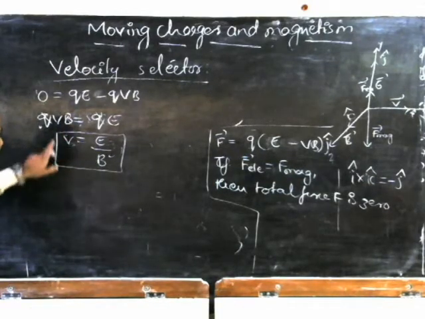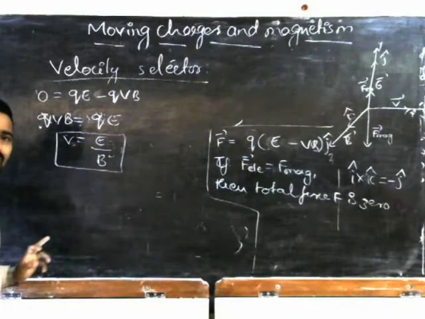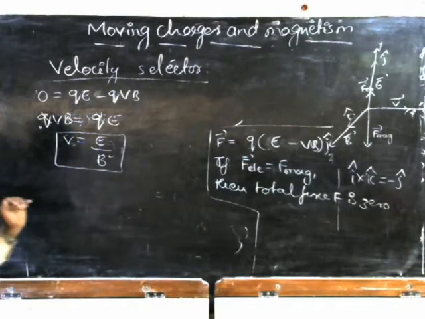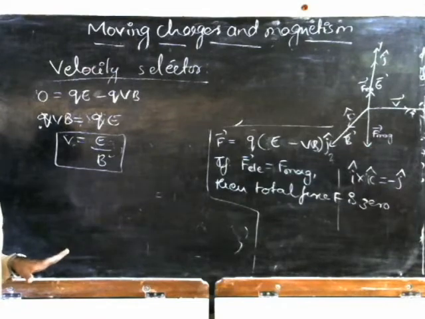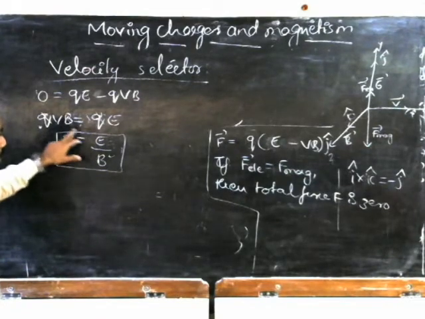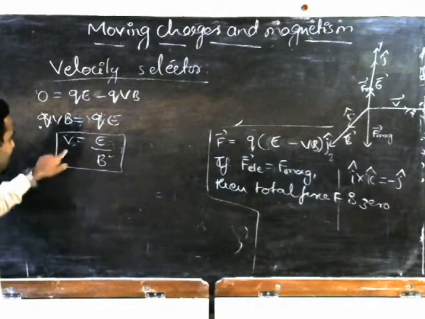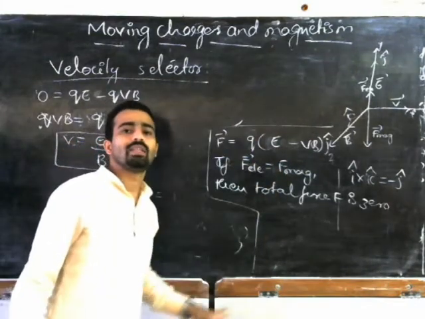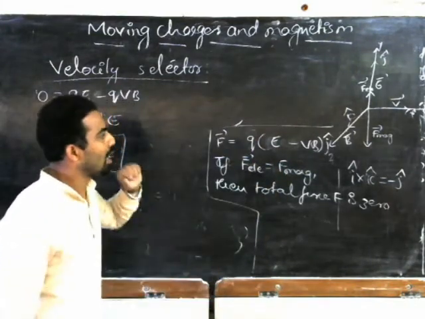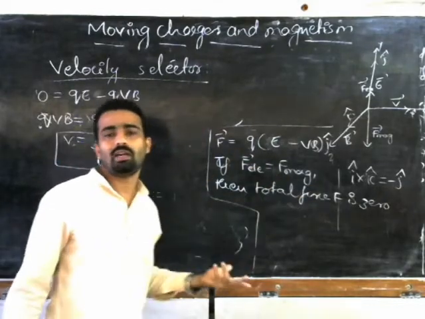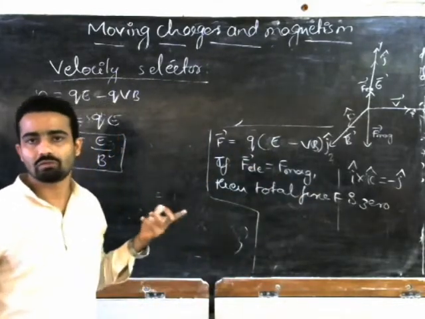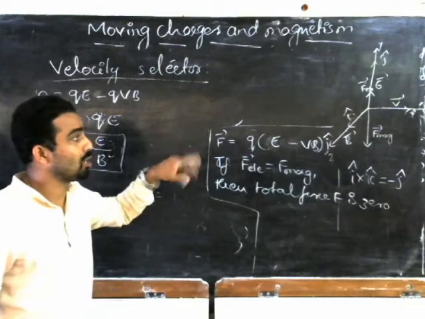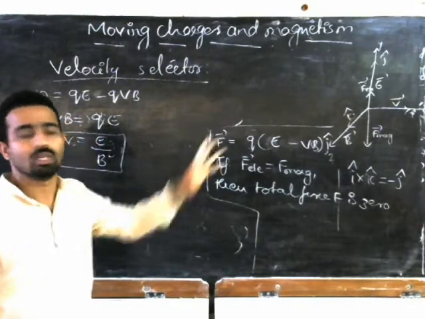So we can select the velocity of this charged particle by varying the electric field and magnetic field. If the charged particle is moving with this velocity under the electric and magnetic field, then it is undeflected, not deflected by any kind of force, because the total force acting upon that charged particle will be 0.